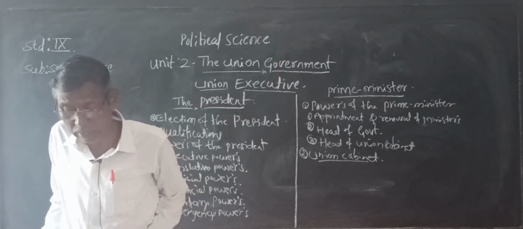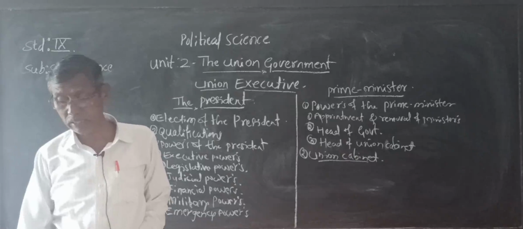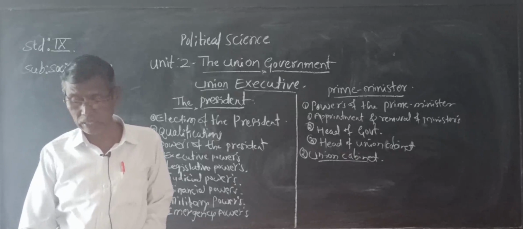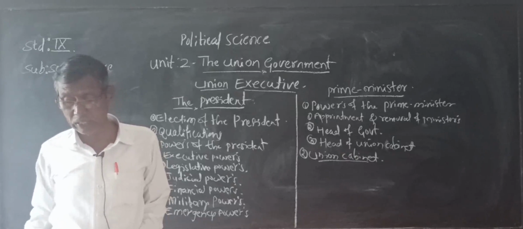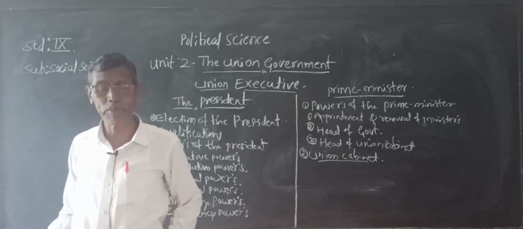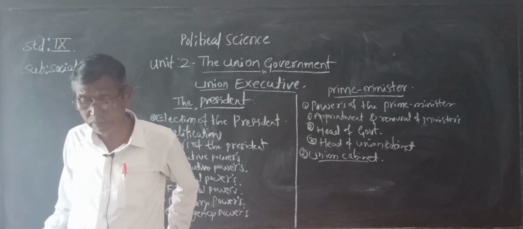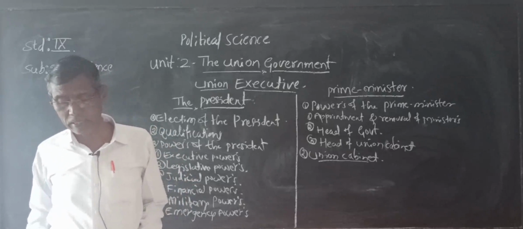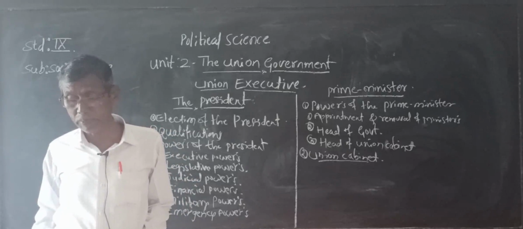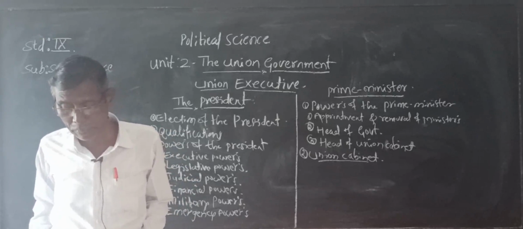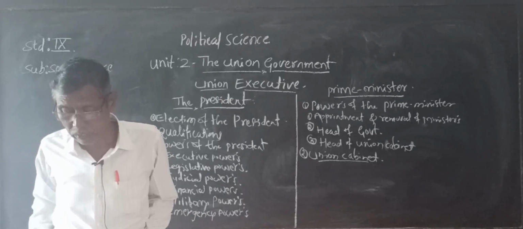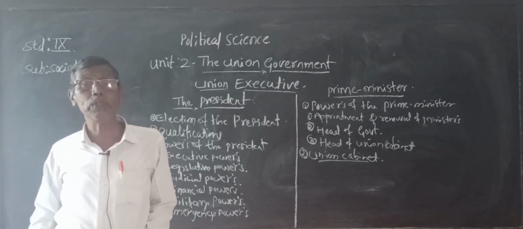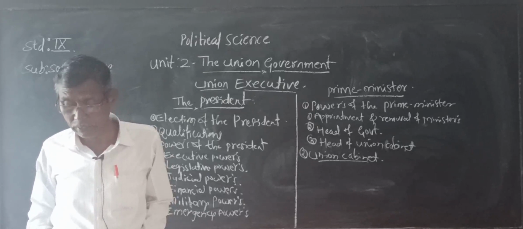The president has the power to appoint persons to high posts like attorney general, comptroller and auditor general, judges of the Supreme Court and High Court, governors of the states, chairman and members of the Finance Commission, and also the chairman and members of the Union Public Service Commission.